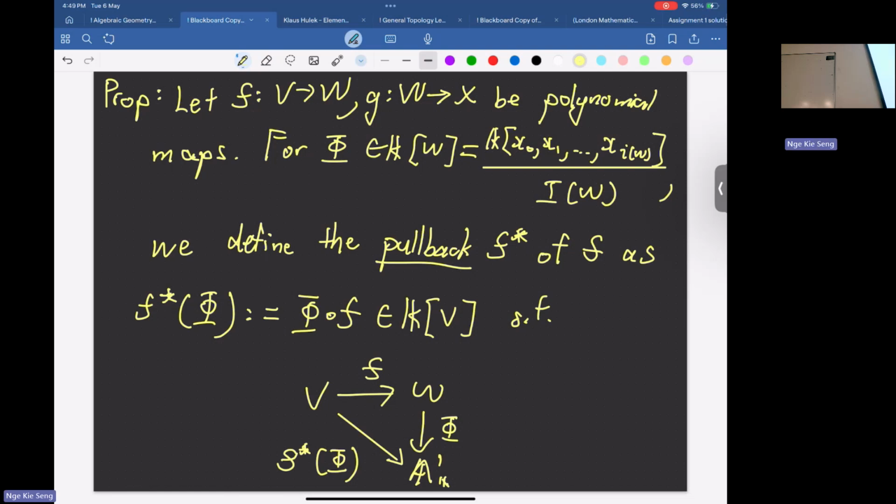Can you see now? This phi actually starts from W, but if you pre-compose with F, then the whole map will start earlier, from V. This is the pullback of F, such that this diagram will commute. So let's draw this commutative diagram here.